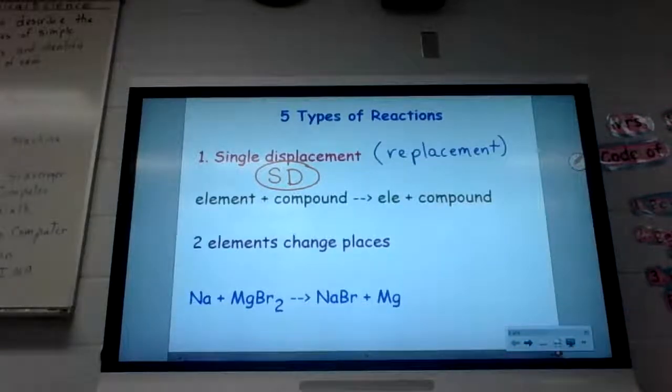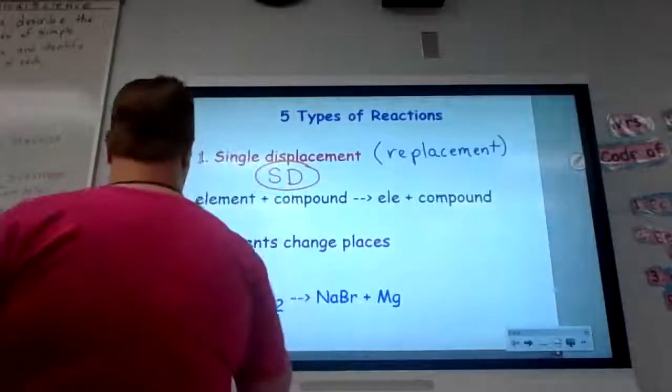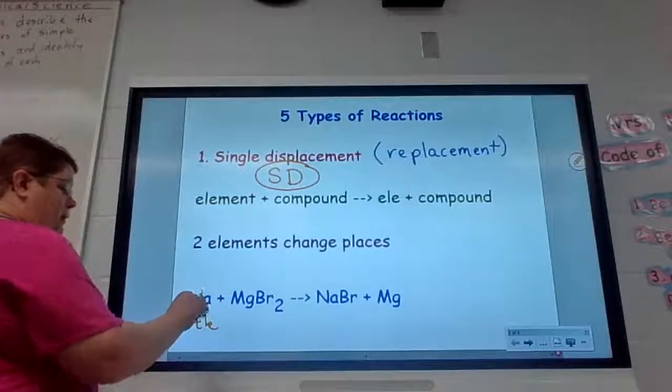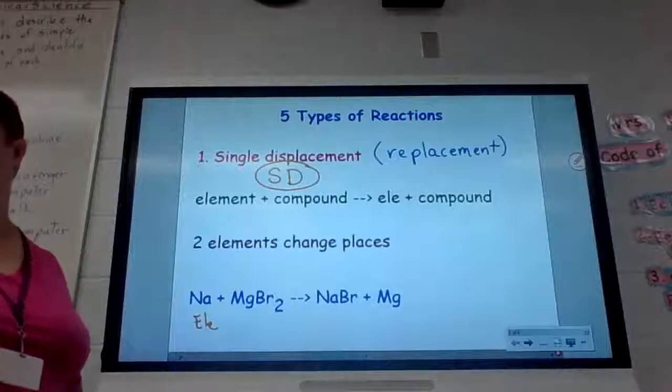As an example to illustrate that, here is a typical single displacement reaction. You will notice that Na is an element. How do you know this is an element? Because it doesn't have any plus next to it.